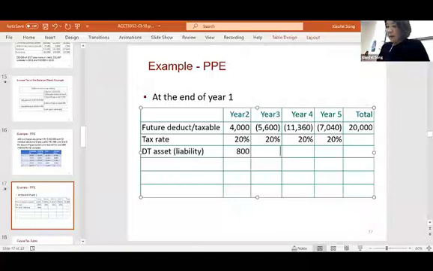This deferred tax liability 1,120, and the third year would be 2,272, and 1,408.